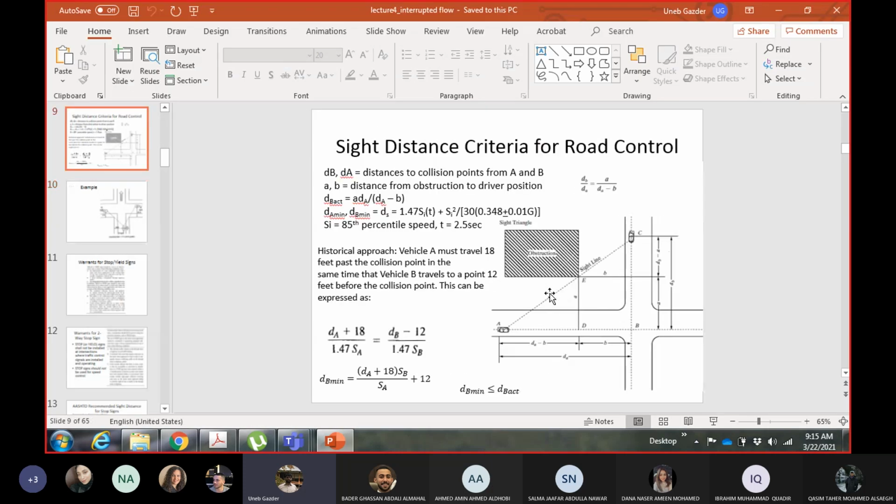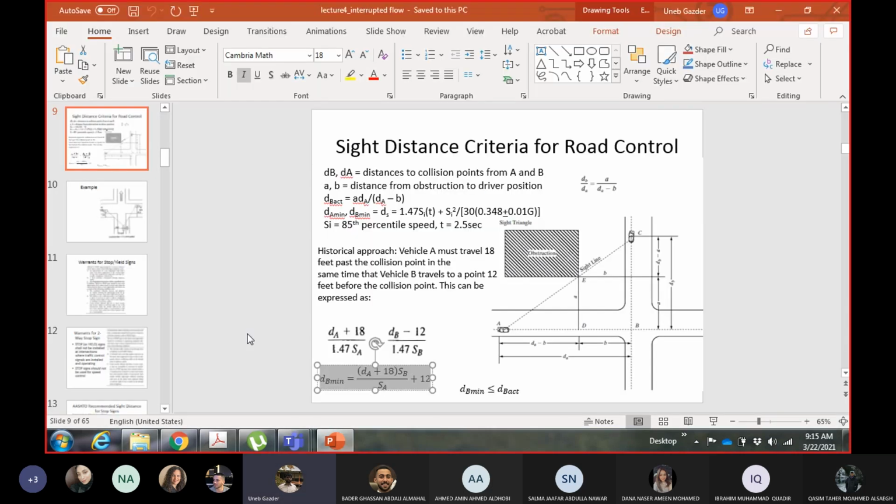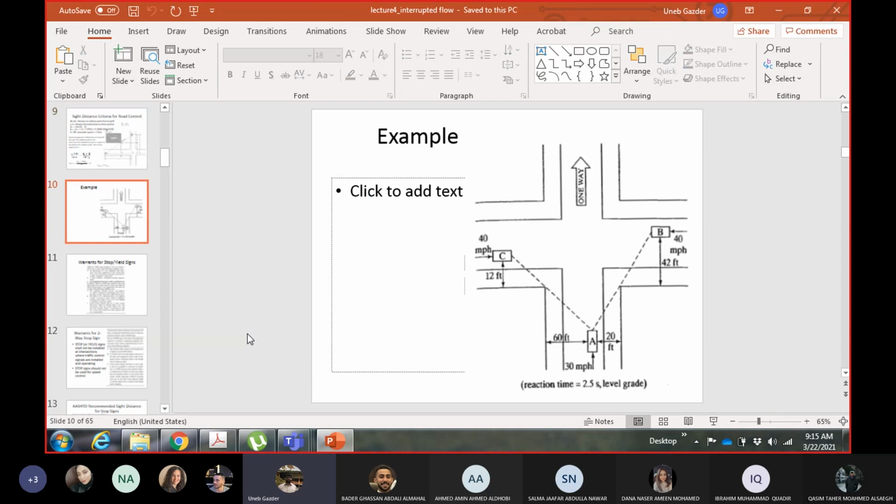Okay. Let us use the other approach as well, which is this one. dA will remain 119.8. Speed on road B is 40.